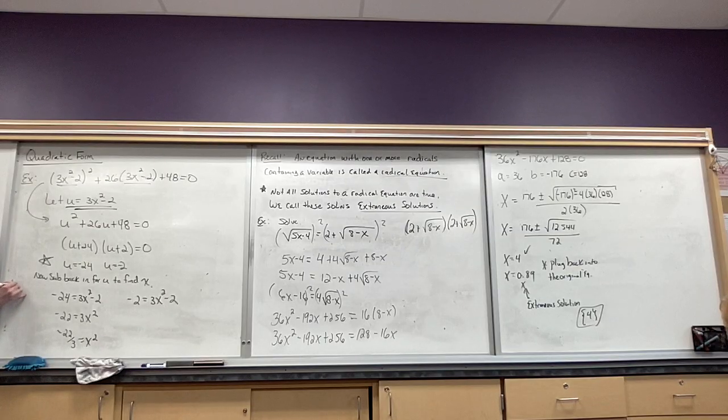So it's plus or minus the square root of negative 22 over 3 equals x. Okay, and what I'm going to do is take the i out to finish that one. 22. Okay, so there's two solutions. So two of these solutions were imaginary.